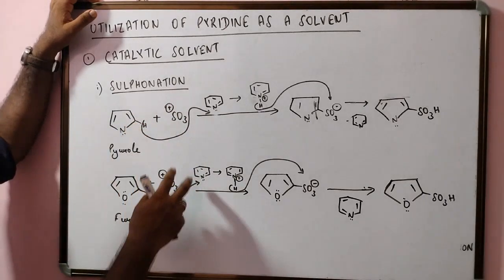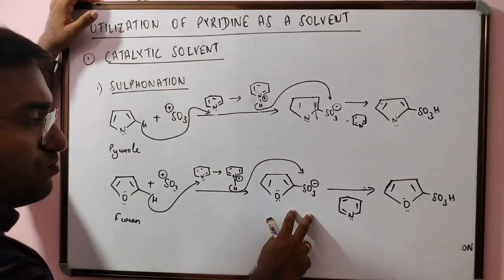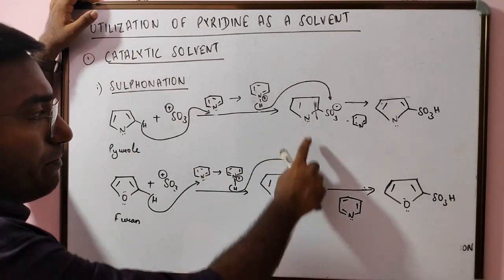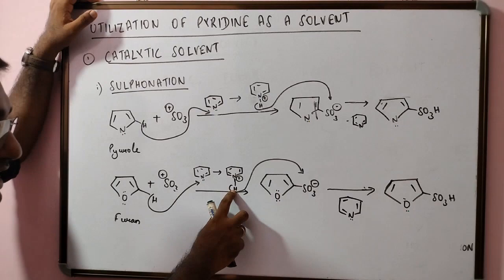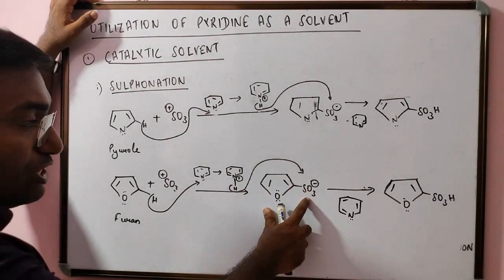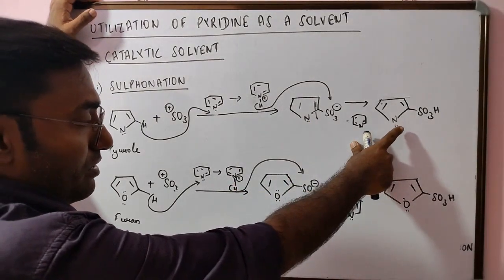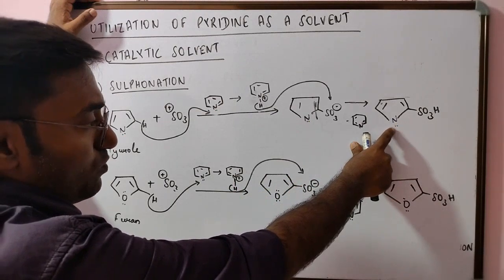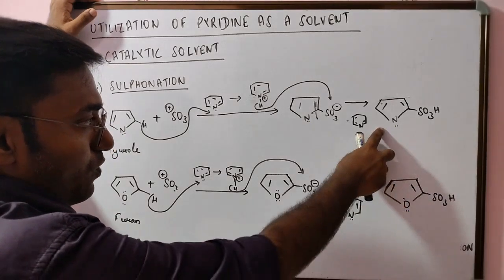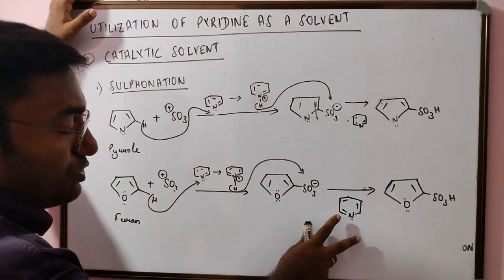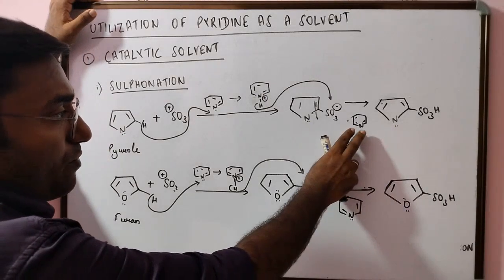In the third step, the attached sulfonyl group in the pyrrole and the furan ring abstracts the hydrogen back from the pyridine to form the respective products, which are 2-pyrrole sulfonic acid and 2-furan sulfonic acid. What is notable here is the restoration of pyridine.